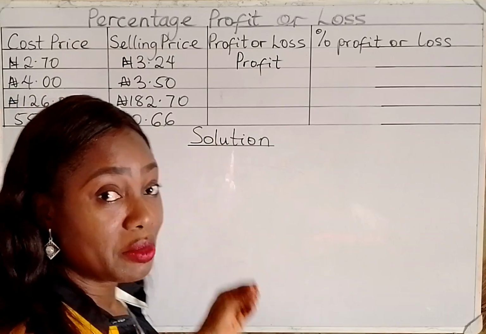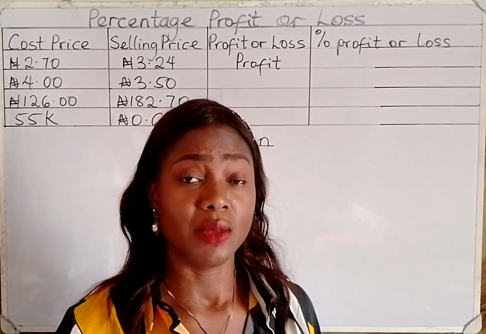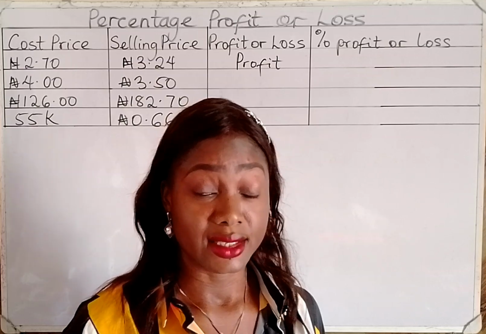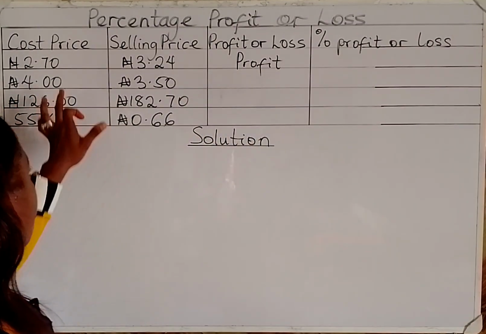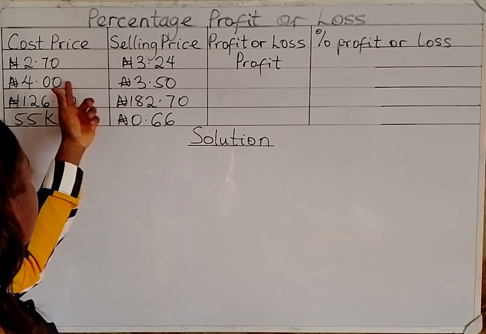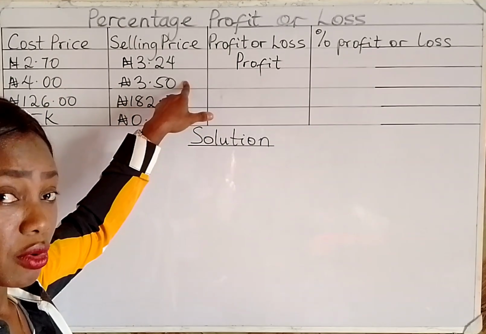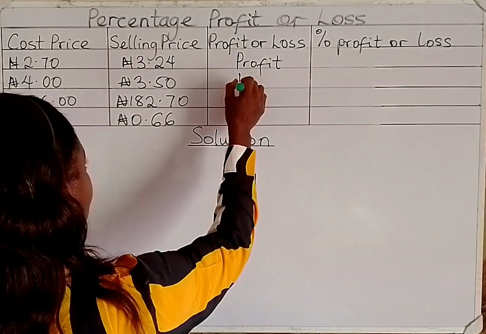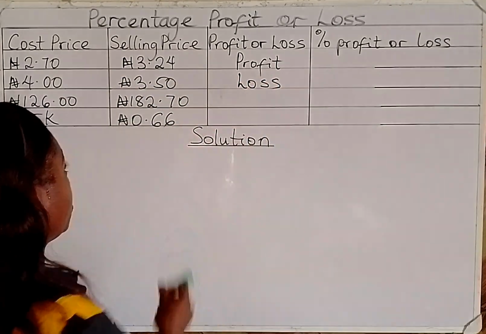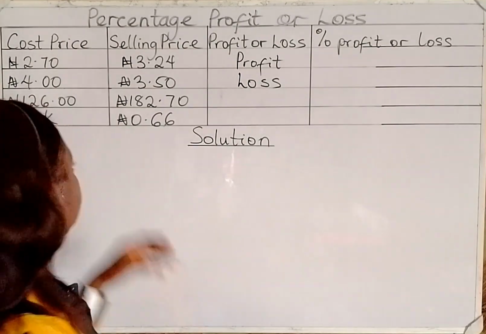Now, if the selling price is less than the cost price, that means the person that sold the product is at a loss, isn't it? So in this question, the product was bought for 4 naira and sold for 3 naira 50 kobo. What does that mean? The person actually had a loss, because they sold at a lower price.